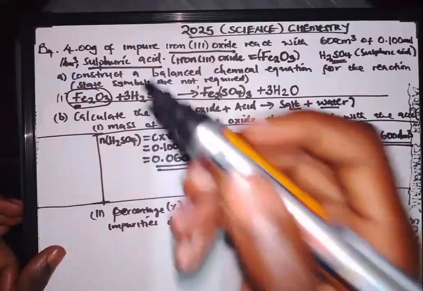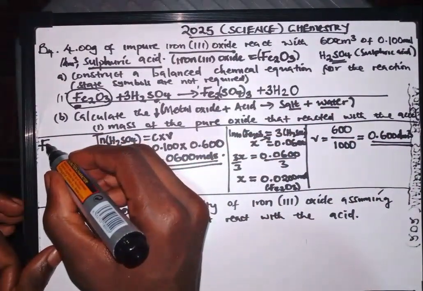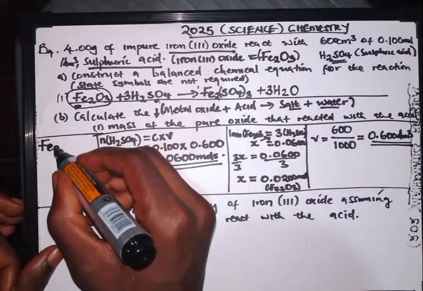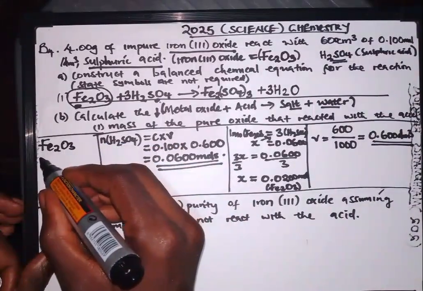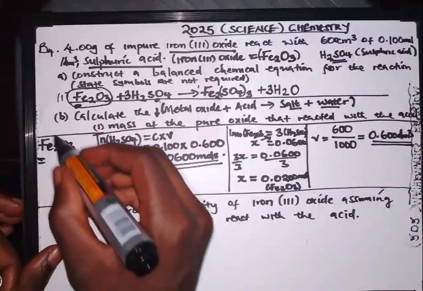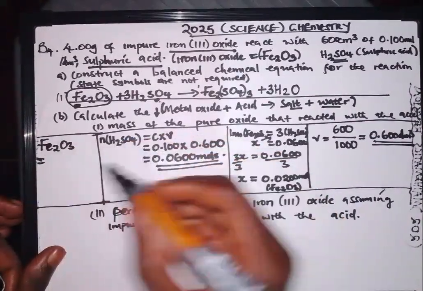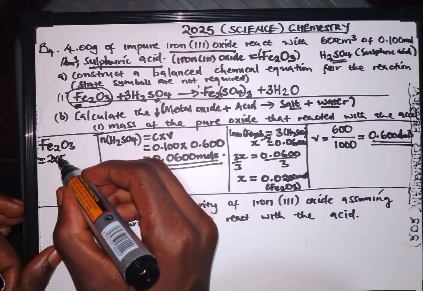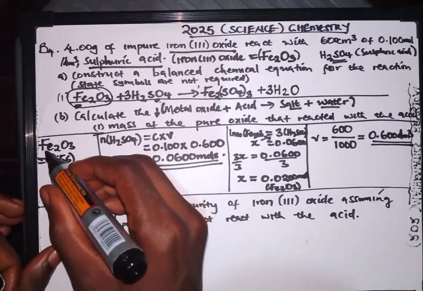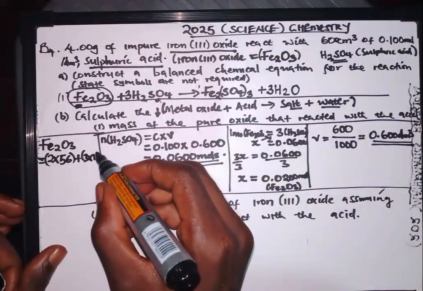Yeah. So you say iron. So the molar mass for iron is what? Is 56. But here we have 2. So you say 2 multiplied by 56 plus 3 multiplied by 16.